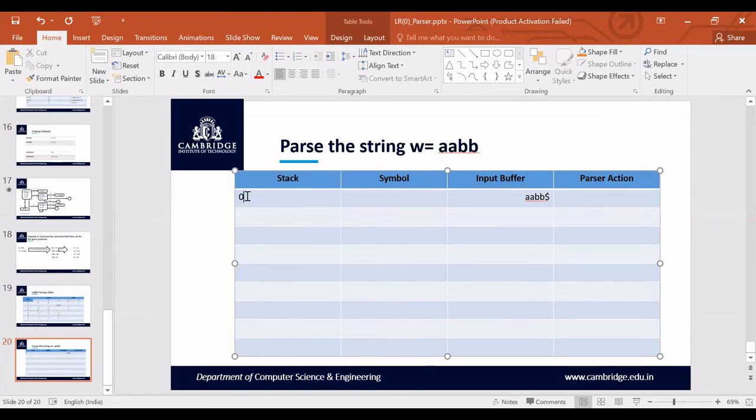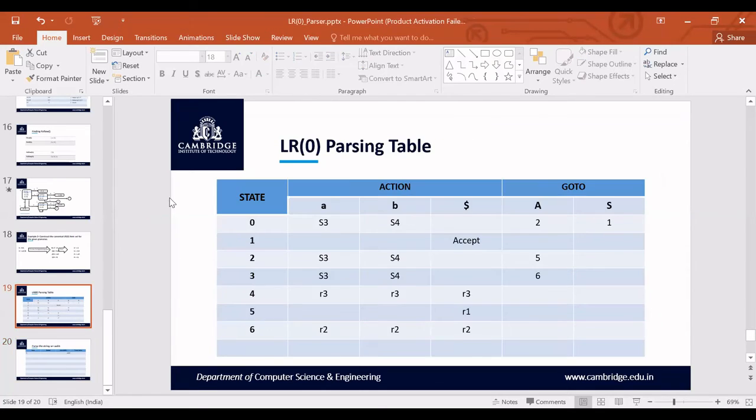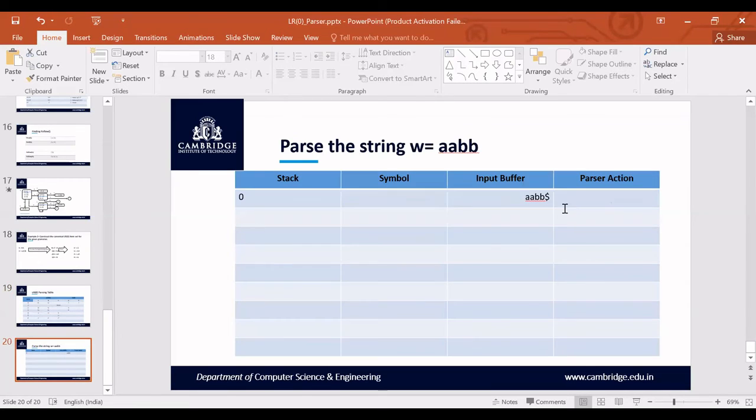Starting with the parsing, state 0 on the first symbol a. What is state 0 on terminal a? It is S3. S represents shift. What are you shifting? State 3. So it is a shift operation.